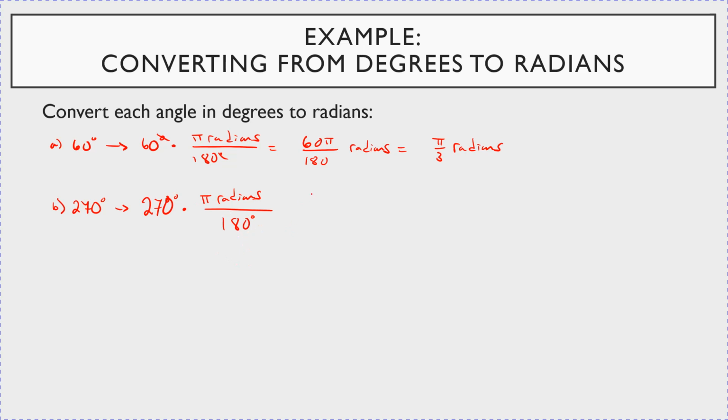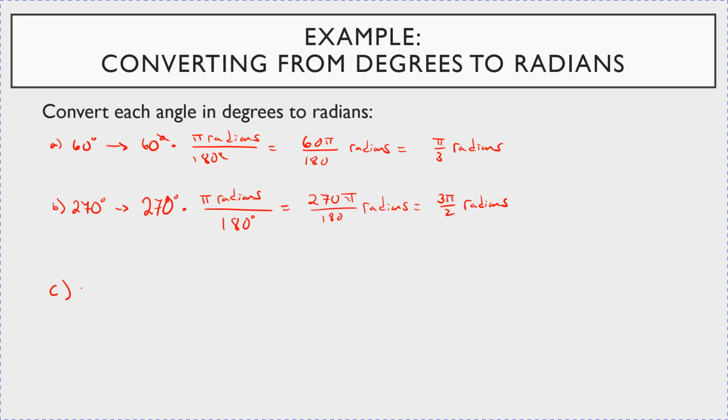And then you're left with 270 pi over 180 radians. Well, look, 90 goes into 270 3 times and 180 twice. So this just becomes 3 pi over 2 radians.